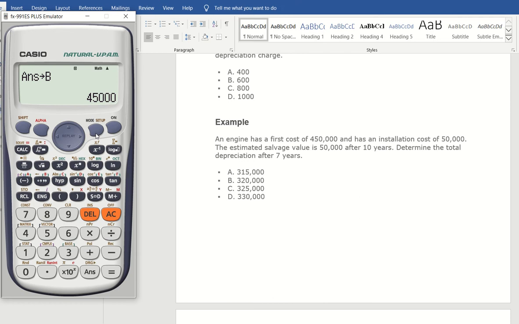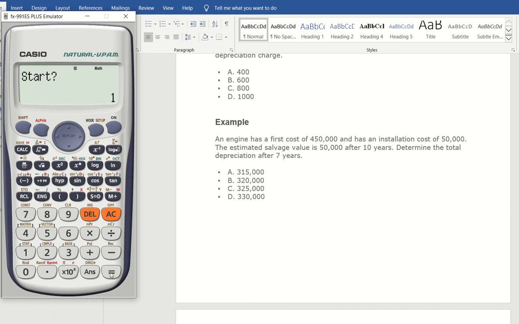Okay, so let's go to mode 7 and then still the same. Alpha A minus alpha B, then alpha X. So again, A is the cost of the item, the whole cost, which is 500,000, minus B. B here is the 500,000 minus 50,000 divided by the years, which is 10.